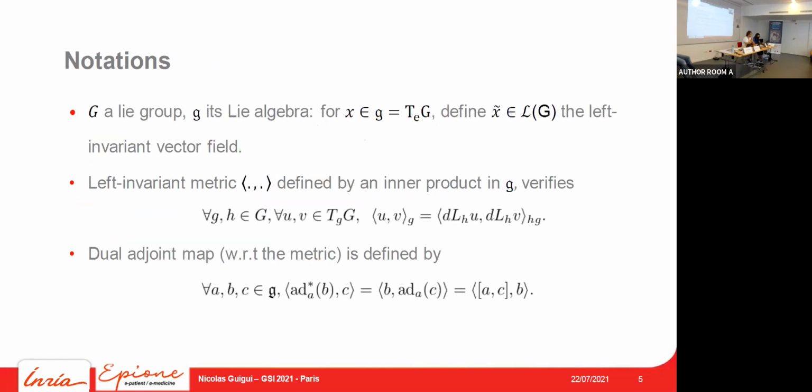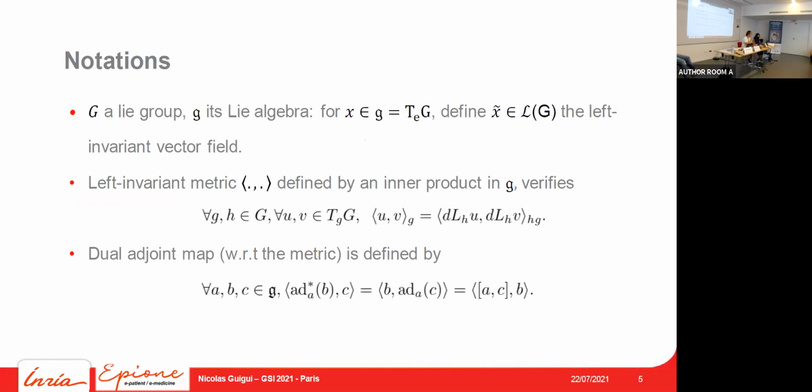So to begin, we consider a Lie group G and its Lie algebra, which is identified with the tangent space of the group at the identity, and also with the set of left invariant vector fields.